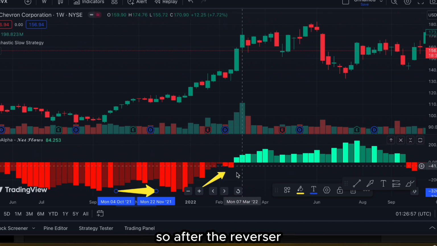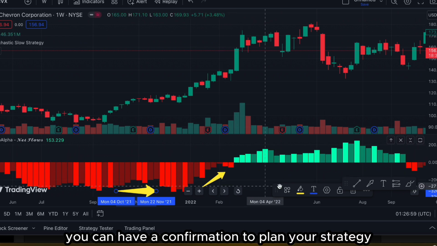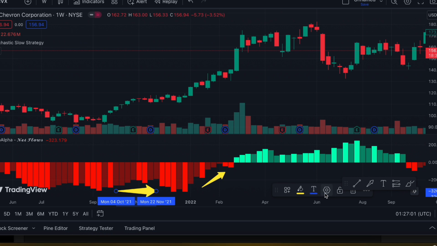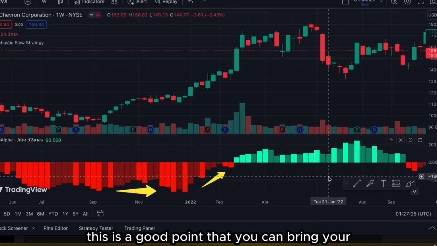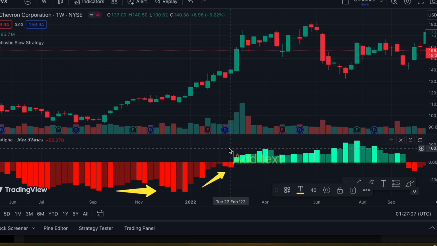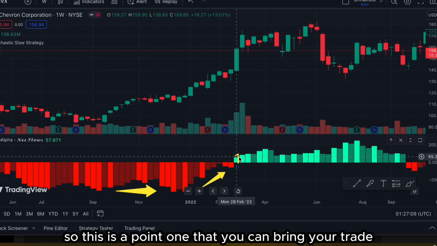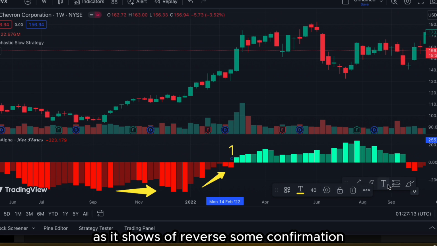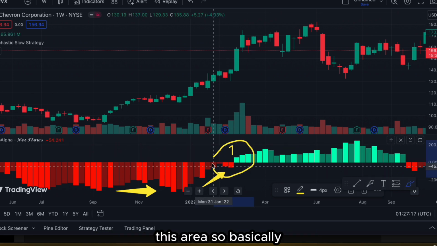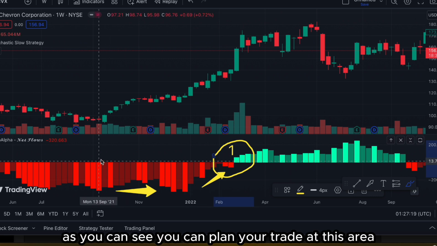So after the reversal, you can have a confirmation to plan your strategy. So basically this is a good point to plan your trade. This is point 1 where you can plan your trade, as it shows a strong reversal confirmation at this area.